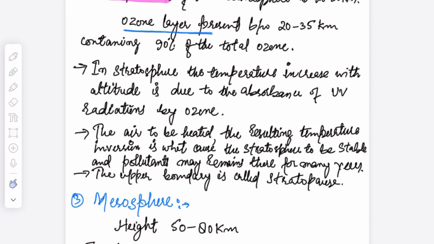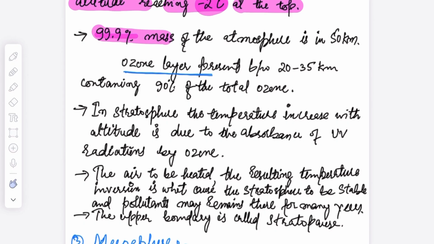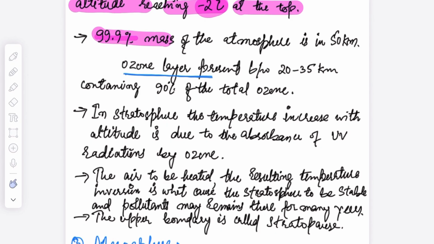In the stratosphere, the temperature increases with altitude due to the absorbance of UV radiation by ozone. The air is heated, and the resulting temperature inversion is what causes the stratosphere to be stable, and pollutants may remain there for many years. The upper boundary is called the stratopause.